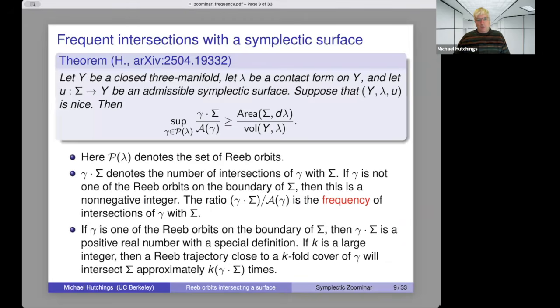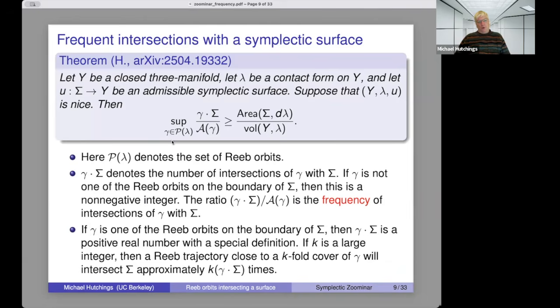So here's the statement of the theorem, and it's in this arXiv preprint if you want to see more details. Let Y be a closed three-manifold, λ a contact form, let Σ be an admissible symplectic surface, and suppose it's nice.